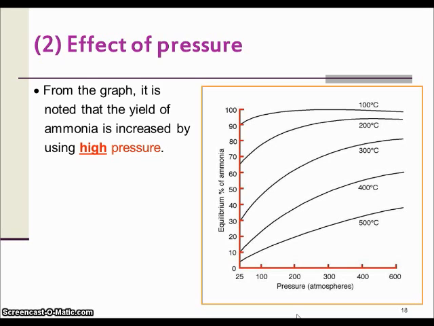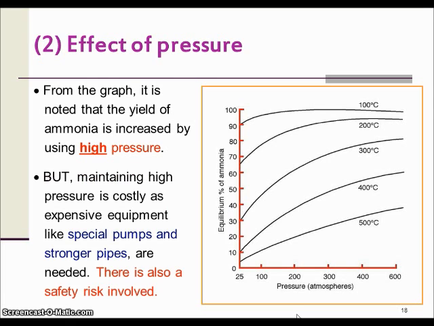From the graph, it is noted that the yield of your ammonia is increased by using high pressure. But maintaining high pressure is costly, as expensive equipment like special pumps and stronger pipes are needed. There is also a safety risk involved in carrying out the reaction at a very high pressure.